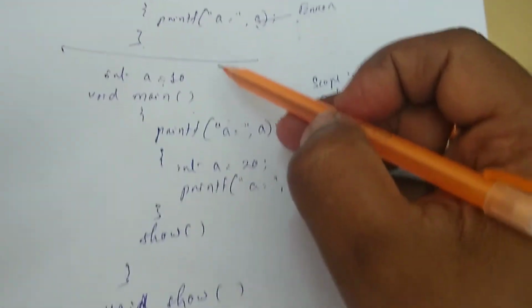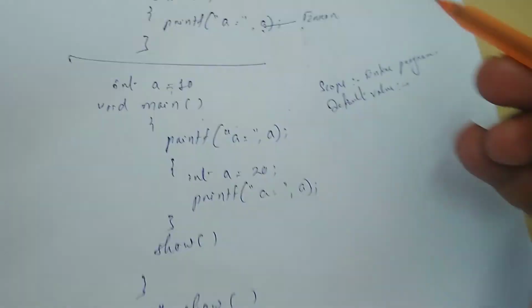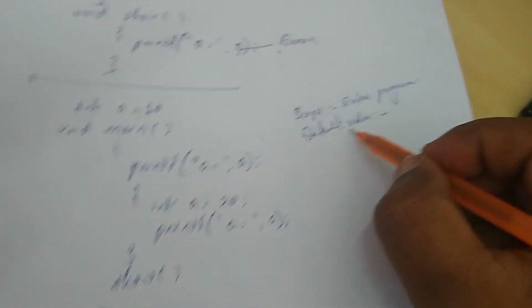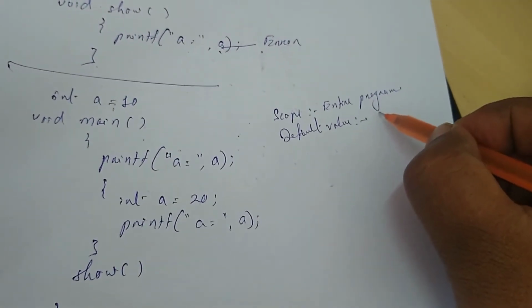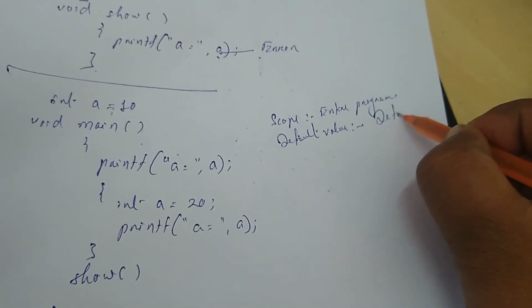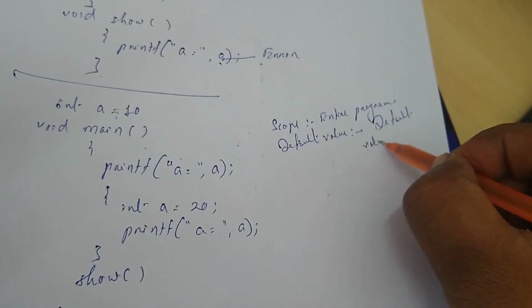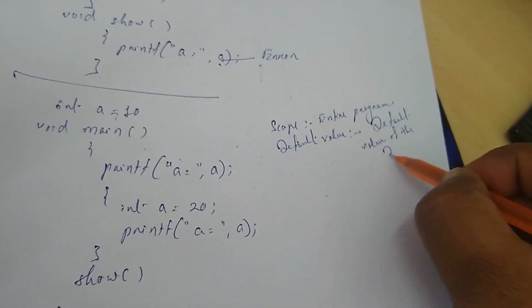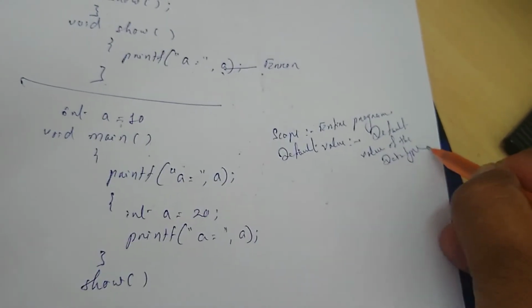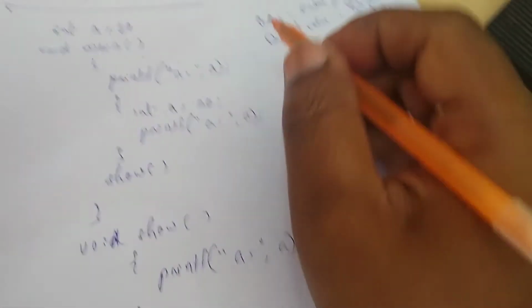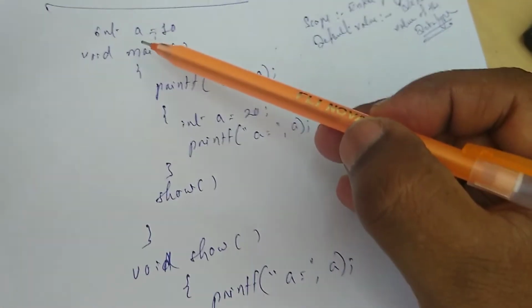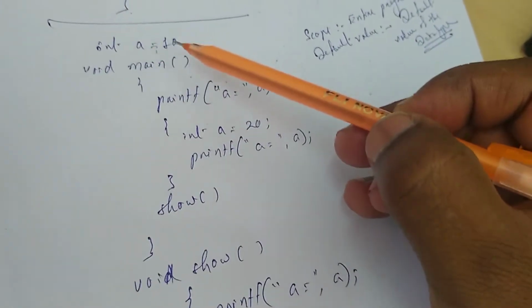Here it is assigned with value 10, but if it is not assigned, then its default value is the default value of the data type. Here it is not garbage. As here it is an integer data type, if it is not assigned with any value, it becomes 0.